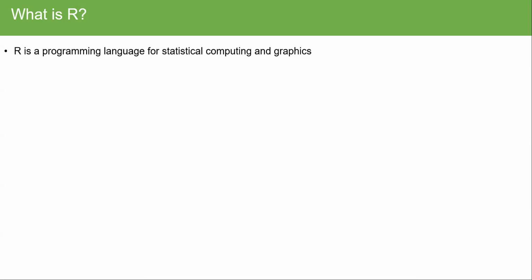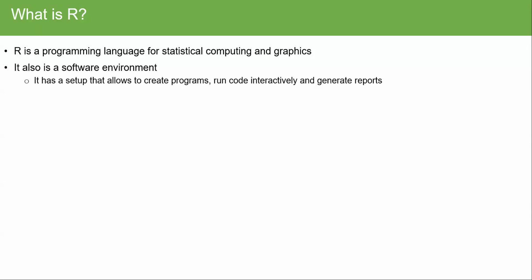So what is R basically? R is a programming language for statistical computing and graphics. It is also a software environment. It has a setup that allows us to create programs, run code interactively, and generate reports. So R is a programming language and also a software environment.